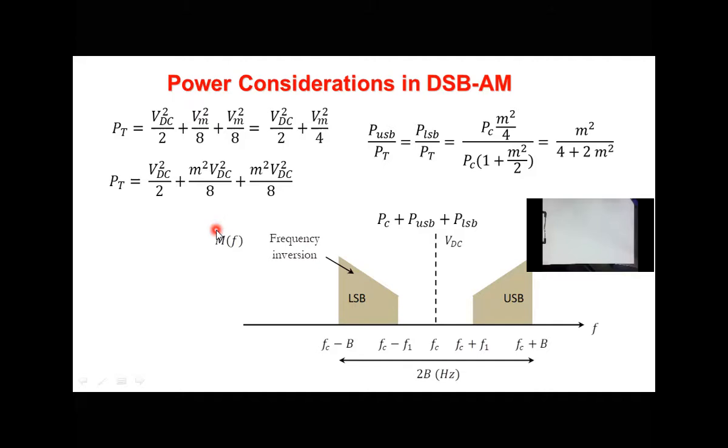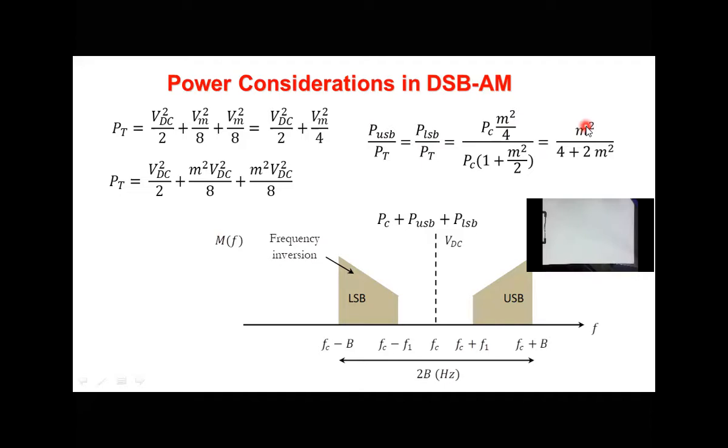By the way, maybe one of my interesting questions to you, you can consider it as a bonus, you can consider it for your final and in-class test exam, is that please try to plot this ratio versus m. So put m on the x-axis, put this ratio on the y-axis, and start to plot. Of course, m will never be equal to 0, because m is Vm over VDC.